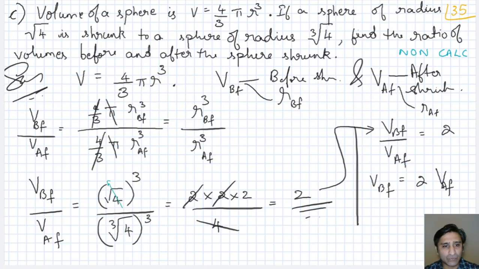So 2 to the power of 3 becomes 2 times 2 times 2, and cube root of 4 to the power of 3 is nothing but the 4 inside, so we retain the 4. 2 times 2 is 4, and 4 on the numerator and denominator get cancelled away, and the remaining thing is 2. Therefore the ratio of V_BF to V_AF is 2. That means V before divided by V after is 2. Therefore, when you cross multiply, you get volume before is 2 times volume after, right?